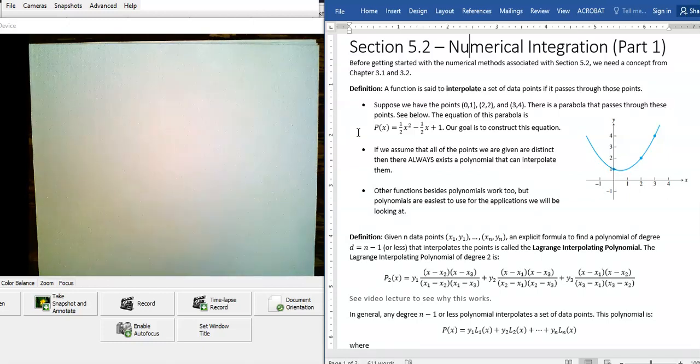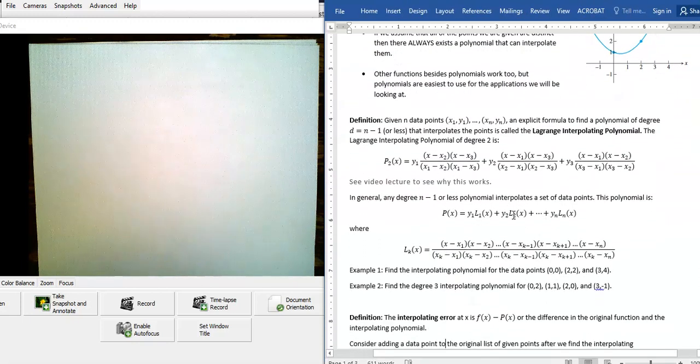We could use sine functions or exponentials, but for what we're going to do, polynomials are the easiest to use for our applications. So how do we get this formula, this polynomial equation? We use something called a Lagrange interpolating polynomial.